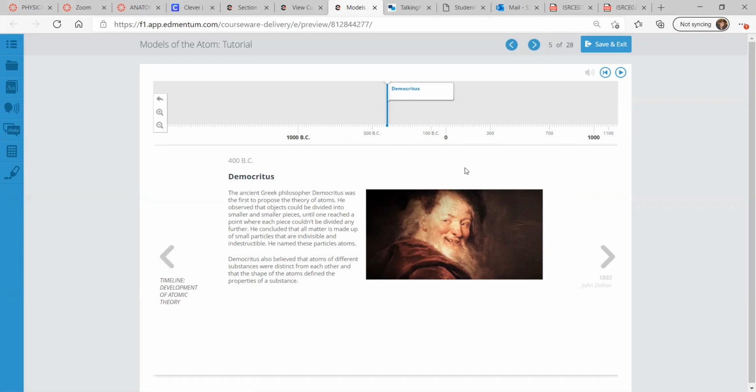So, with that information, he concluded that all matter is made up of small particles that are indivisible and indestructible. And he named these particles atoms. Democritus also believed that these atoms of different substances were distinct from each other, and that the shape of the atoms defined the properties of a substance.